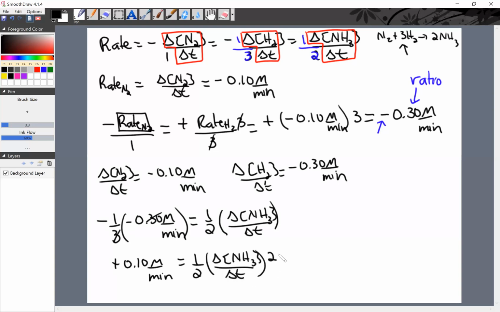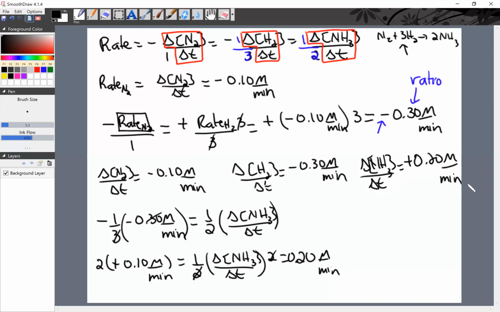I'm going to multiply both sides by 2, and the answer is, whoops, I was going to put 0.20 molarities per minute. And so we know the rate of ammonia is a positive 0.20 molarity per minute.